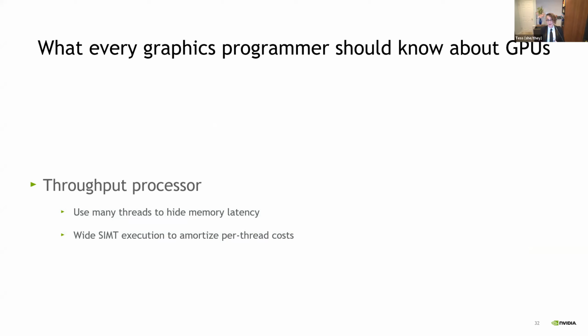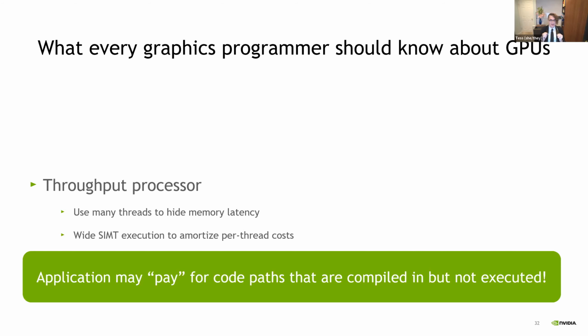As a second factor, most GPUs, because they're running a large number of threads, do something like SIMT or SIMD execution to amortize the per-thread costs over larger batches. And I don't have time to get into all the details of the why, but both of these points have a similar consequence, which is that application code running on a GPU can in many cases end up paying for code paths that were compiled in, but not executed at runtime.